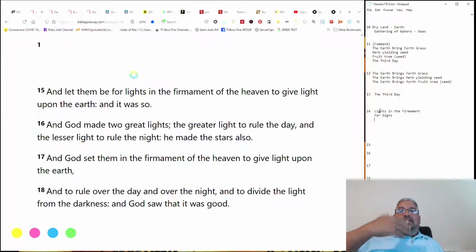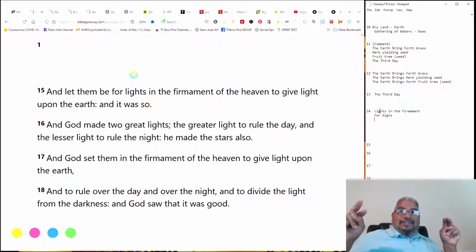Communication intended to relay information. That's what a sign is. It relays information in a concise way. So that is what the first purpose of the lights in the firmament are, according to the priests. Así que lo primero es este enfoque sobre los señales.